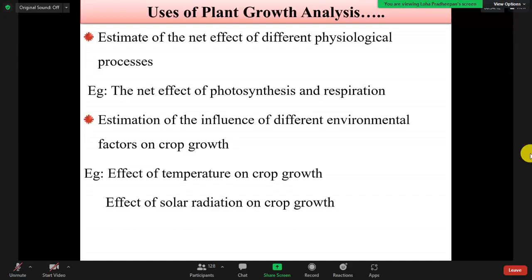For example, for a particular crop the optimal temperature requirement is 30 to 32, but we can give a temperature below 30, like 28, and above 32, like 34, in the greenhouses and grow the crop.